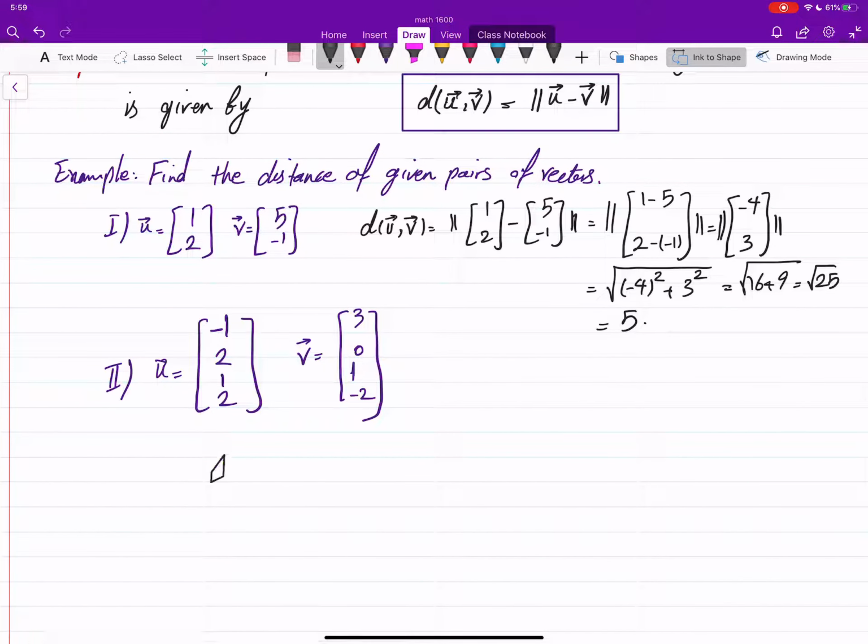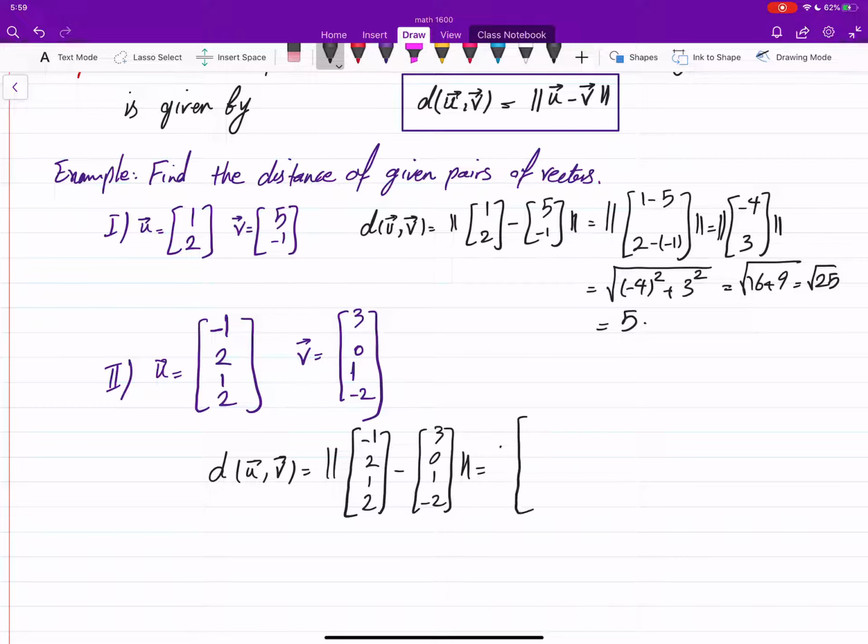How about the distance of u, v in this case? Well, we need first to find u minus v: (-1, 2, 1, 2) minus (3, 0, 1, -2). And we do it component-wise: -1 minus 3, 2 minus 0, 1 minus 1, and 2 minus negative 2.